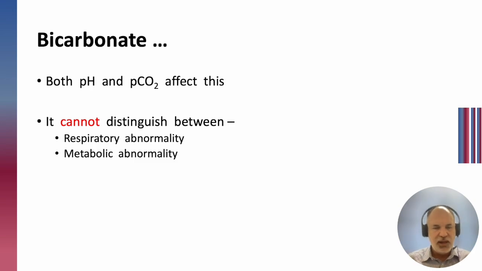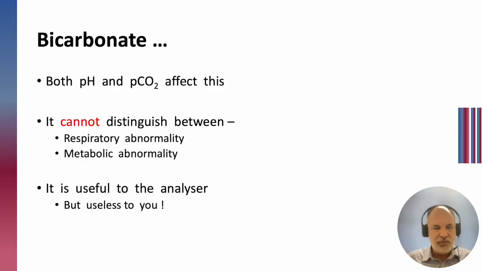And I think this is the one point at which a lot of people get themselves into trouble and confusion by trying to make inferences about metabolic disorders by looking at the bicarbonate. So this value is produced by the blood gas analyzer, and it's useful to the analyzer, but it's not really particularly helpful to us from a clinical perspective.